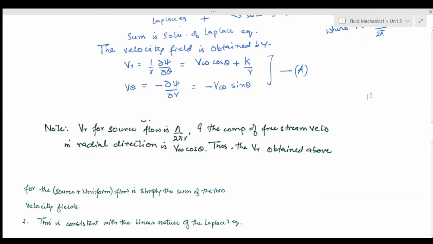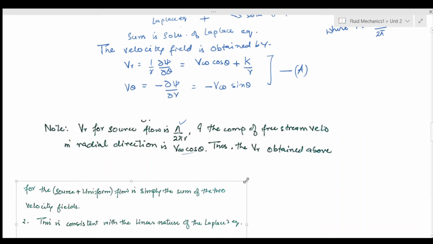If you look at it closely, Vr for a source flow, if you go back a little bit, was lambda divided by 2 pi r, and the component of free stream velocity in the radial direction is V infinity cos theta. Therefore, the Vr above is nothing but the summation of Vr of source flow and Vr of uniform flow.